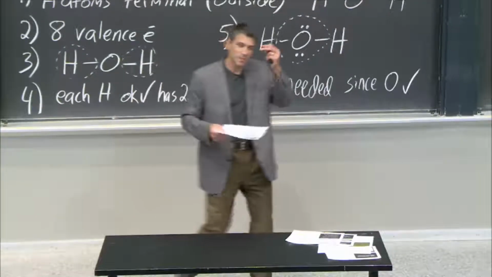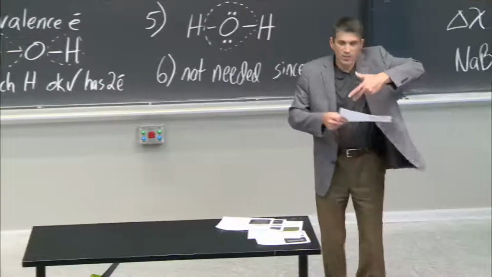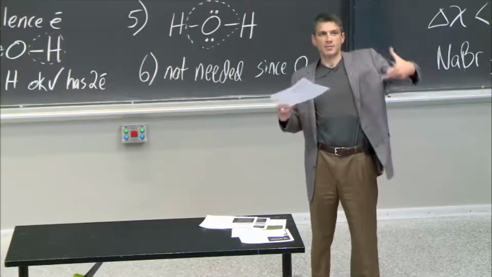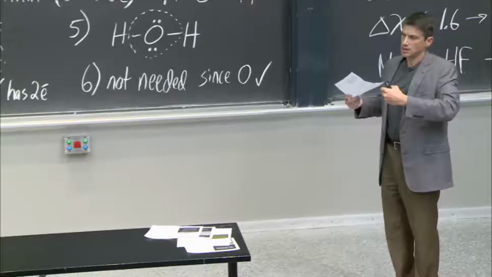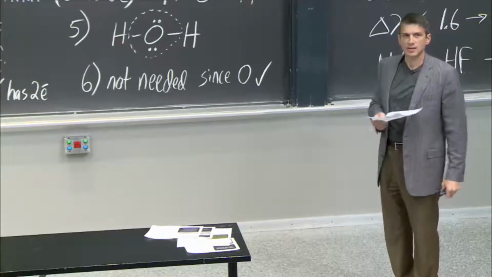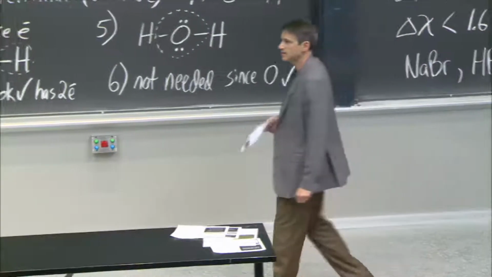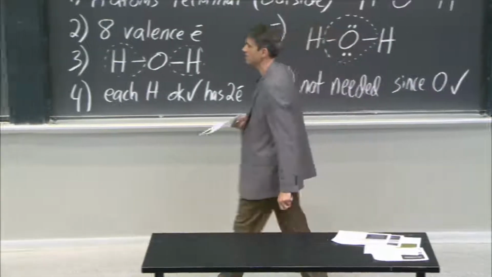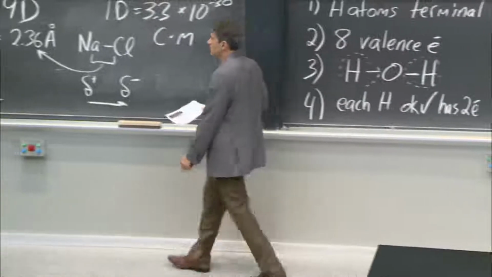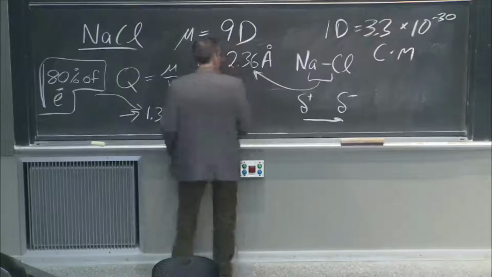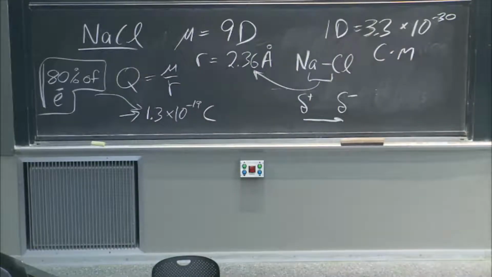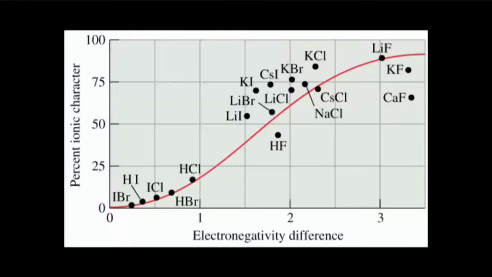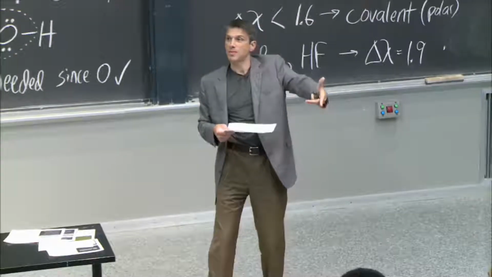And so the message I want to tell you is, in reality, we've been talking about absolutes. I fully took a charge. Right? No, you didn't. You took 80%. And there's a little bit still over there. But we do like to still categorize materials, and that's what this does really nicely. It says, well, this is going to behave like an ionic solid, meaning it's going to have those properties that I showed you on Monday.